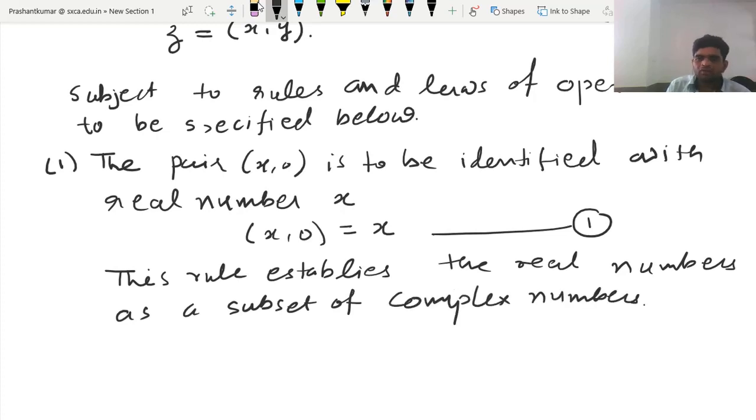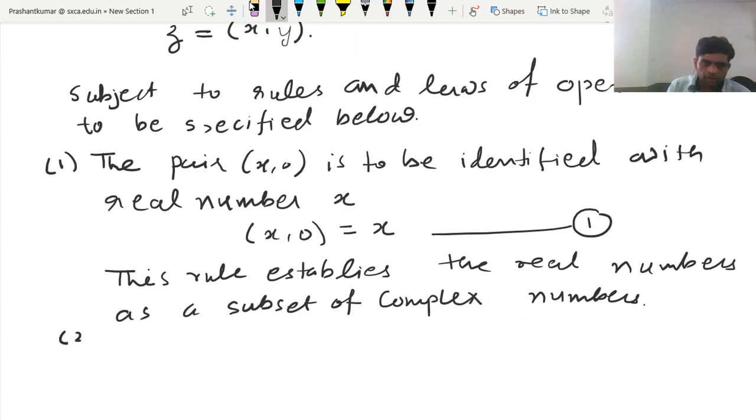Generally we cannot say that R is a subset of R squared, but we are establishing one rule that says the ordered pair (x, 0) we treat as x, and due to that we can say that R is a subset of R squared, but in some sense, not in the usual sense. So that is rule number 1.